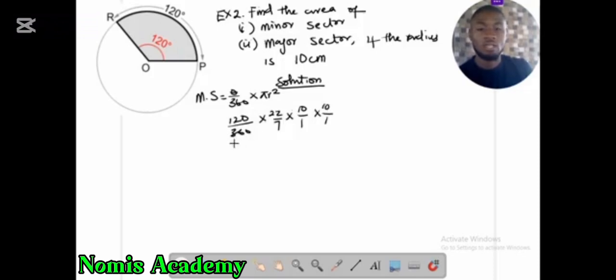So at this side we have 1 over 3, you know that. Multiply by 22 over 7, multiply by 100 over 1. So we have 2200 divided by 21.